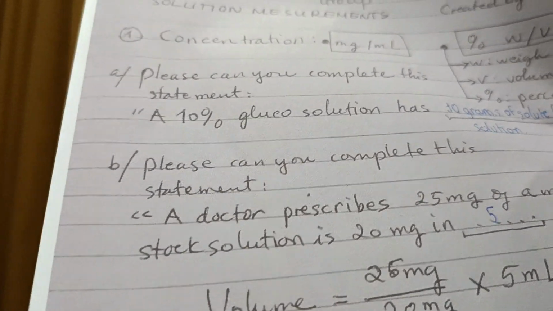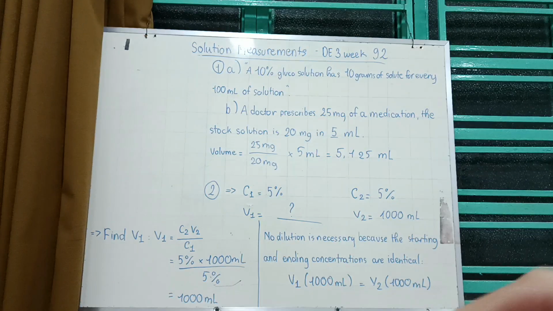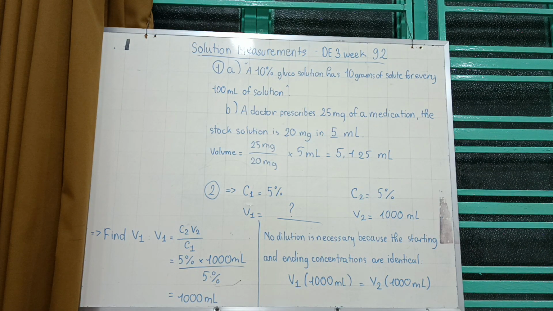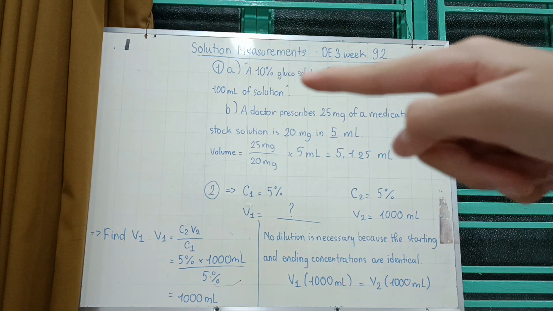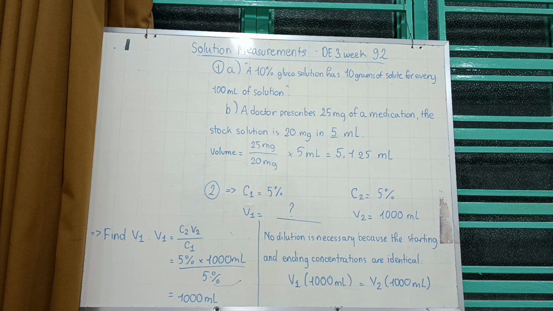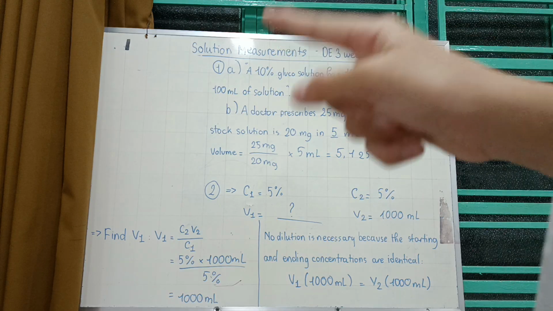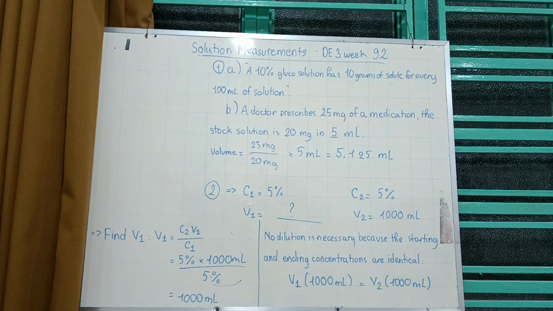A 10% glucose solution has 10 grams of solute for every 100 milliliters of solution. Because 10 grams of solute for every 100 milliliters is 10 over 100, which is 10%. So that is my solution for problem A.